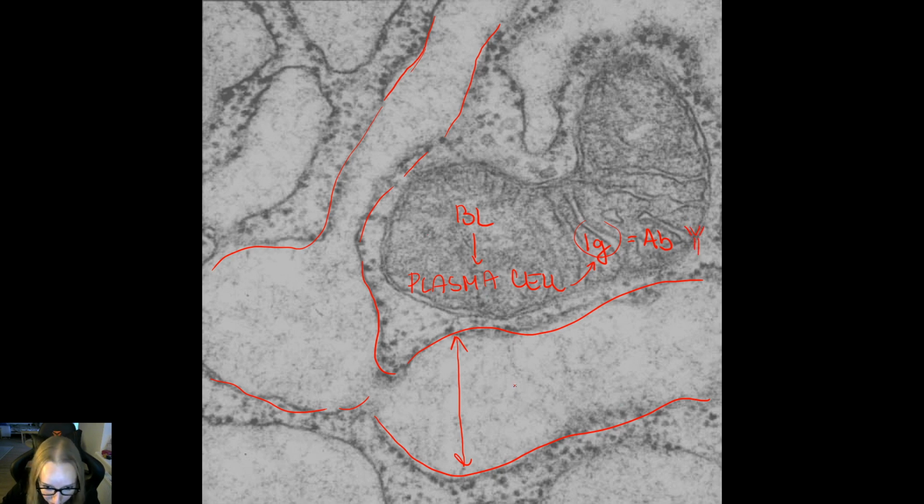And these antibodies are stored here in the endoplasmic reticulum. And we can see also a mitochondria here. That is pretty much normal. Every cell has mitochondria, so that's really okay.